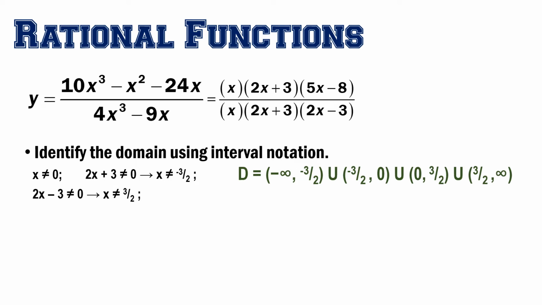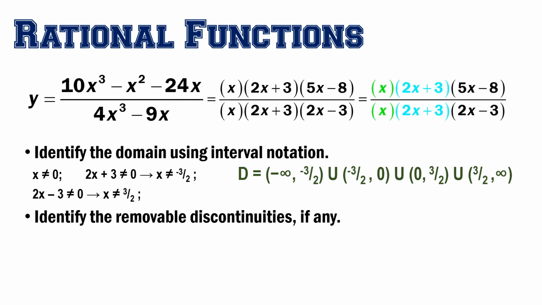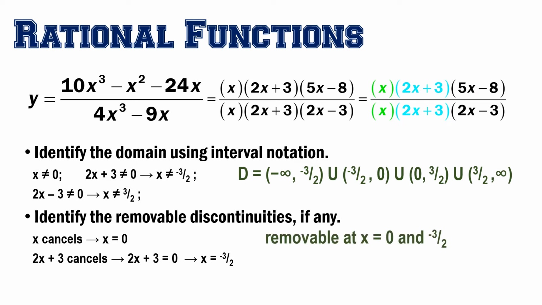The removable discontinuities occur because both the factors x and 2x plus 3 will cancel out when simplifying, and when each factor is set to 0, we find that removable discontinuities occur in 2 locations, when x equals 0 and when x equals negative 3 halves.